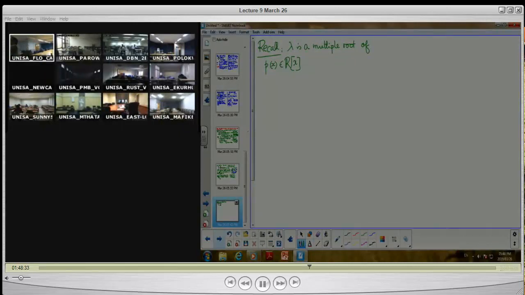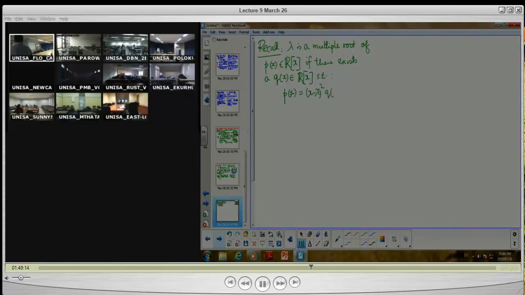Rather, if I can say it immediately, P(x) and Q(x), so it's another polynomial.